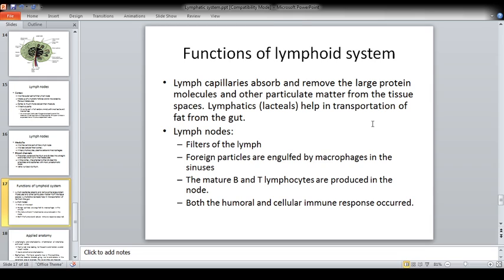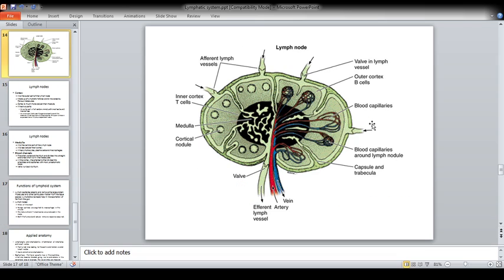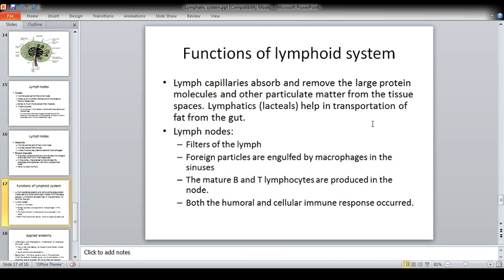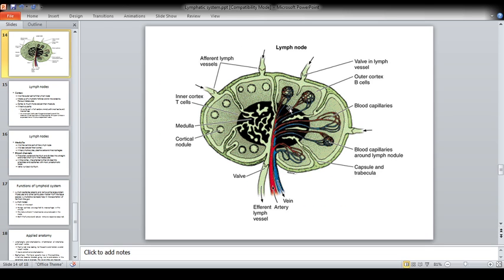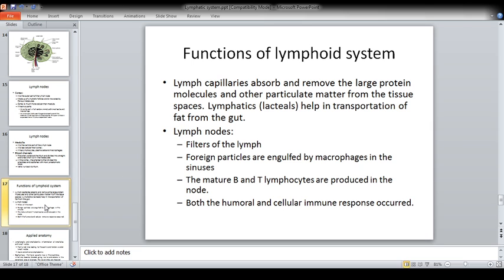Now what are the functions of a lymph node? Let's look at that. So the lymph node would act as a filter of the lymph. Lymph enters through here, goes into smaller channels, divides and redivides, and then recombines and then exits. So lymph node is just like a filter of the lymph fluid.